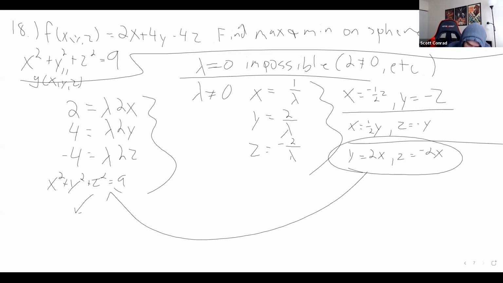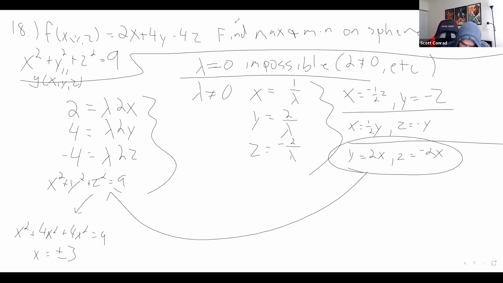So we do that, we get x squared plus y is 2x, so 4x squared, plus negative 2x quantity squared, 4x squared, equals 9. So x is going to be plus or minus 3. And y is going to be 2 times that.